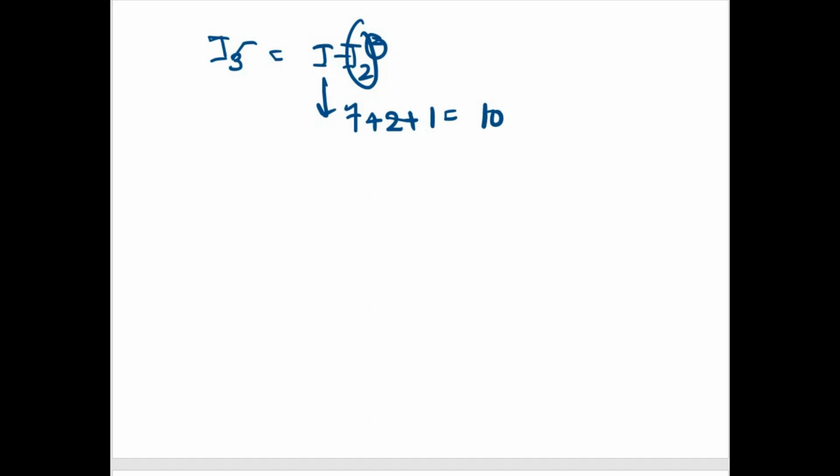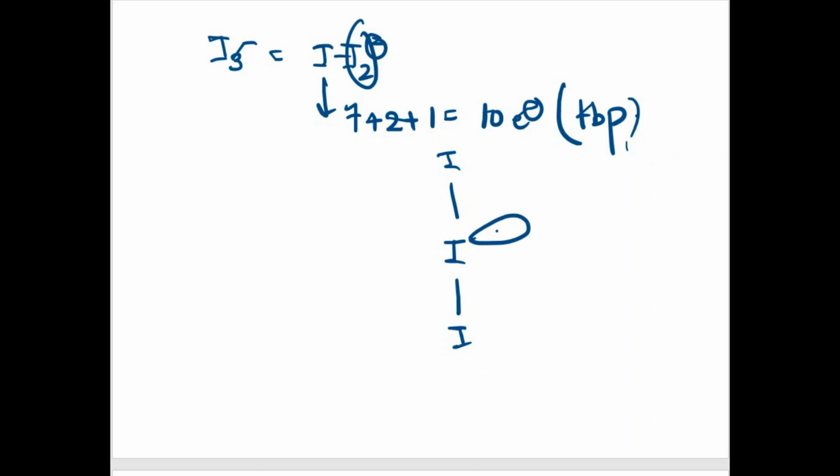So this should be 10. 10 electrons means trigonal bipyramidal structure, isn't it? So what kind of shape will the trigonal bipyramidal structure lead to? Now in a TBP structure, the lone pairs should be in the equatorial position.